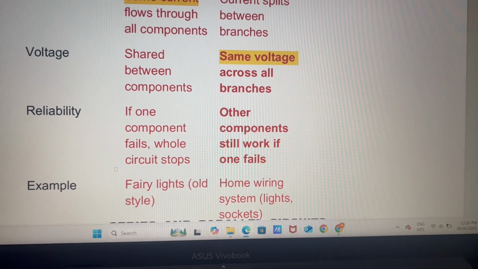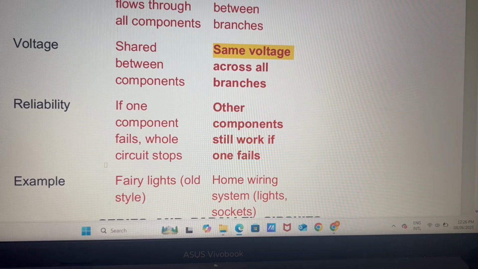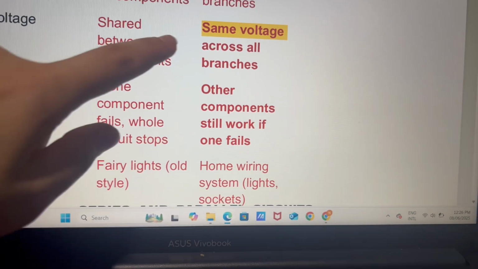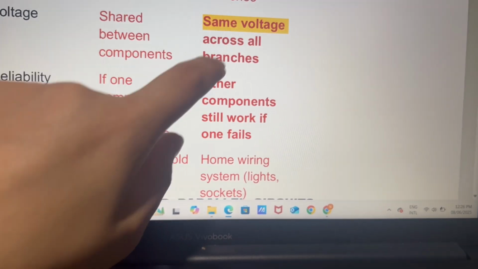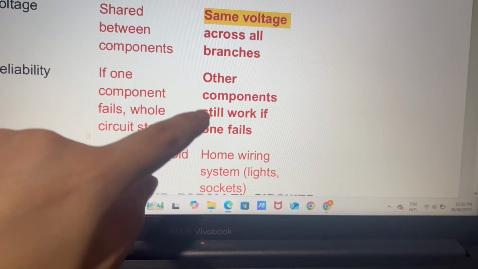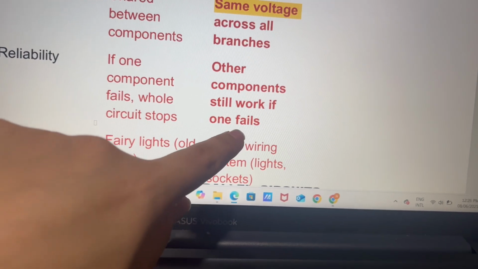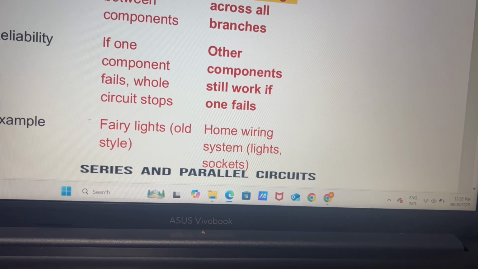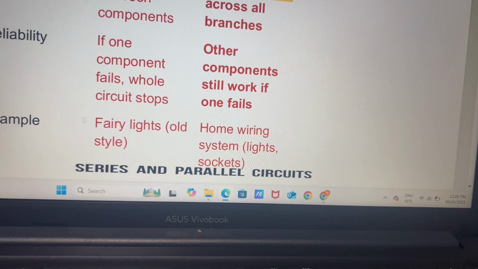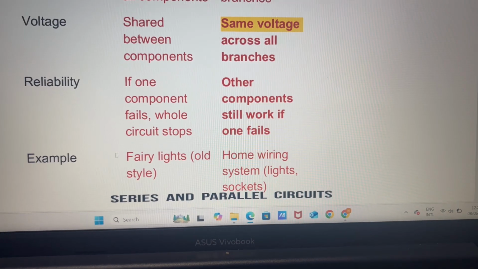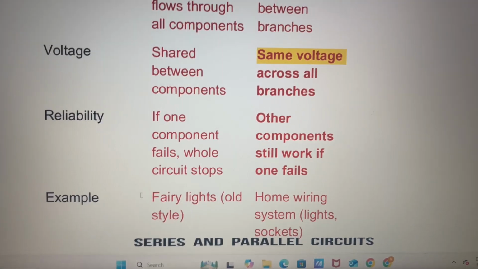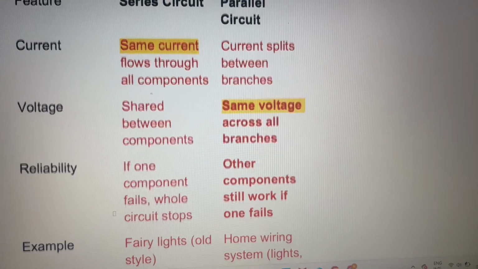So for the advantages of the parallel circuit, we have the same voltage everywhere across all the branches. The voltage does not change. Also, other components still work if one fails. That's why it's good to use it everywhere: home wiring systems, the lights, the sockets. Everywhere you use in real life, you have a socket and you just turn it on and off. This is actually a parallel circuit.